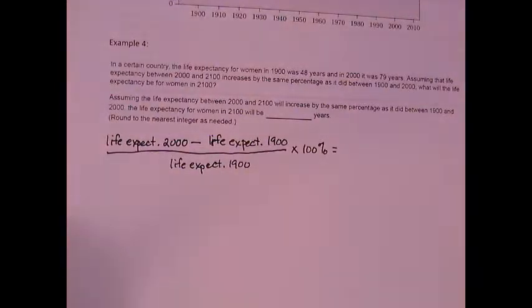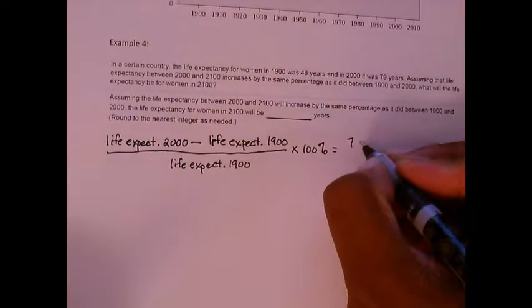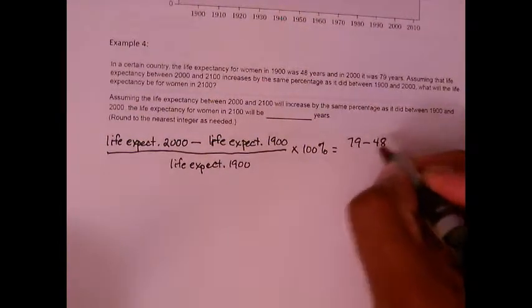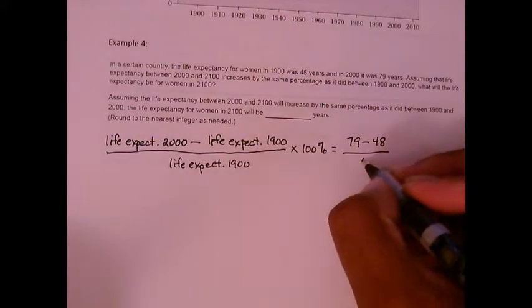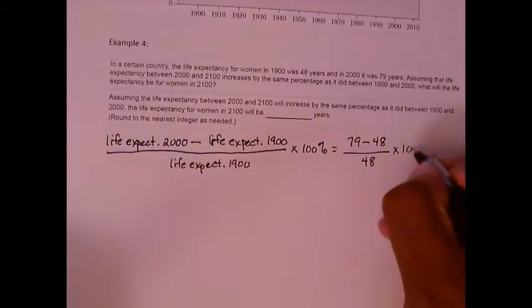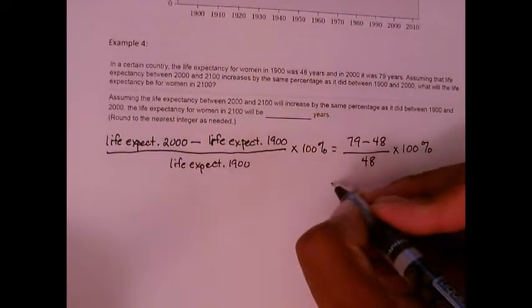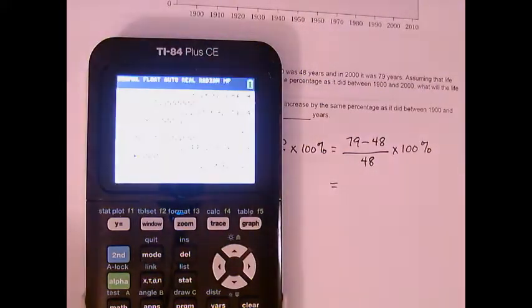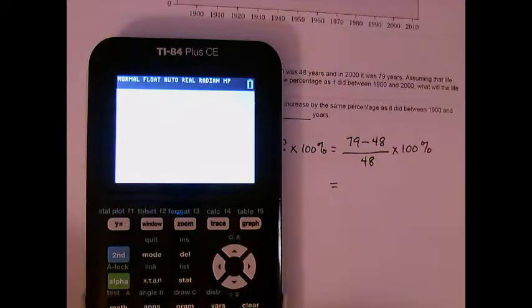So the life expectancy in 2000 was 79 years, minus the life expectancy in 1900 for women, which was 48. That's going to be divided by the life expectancy for women in 1900, that was 48, and then multiplied by 100%. So I'm going to put the 79 minus 48 in parentheses, and then divide that by 48.